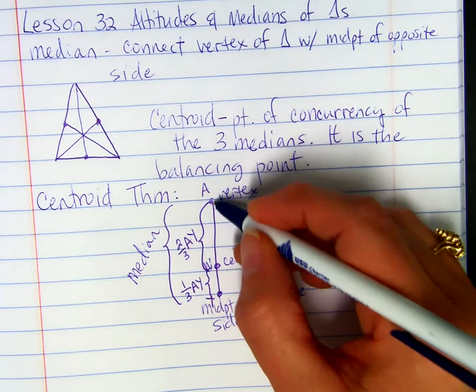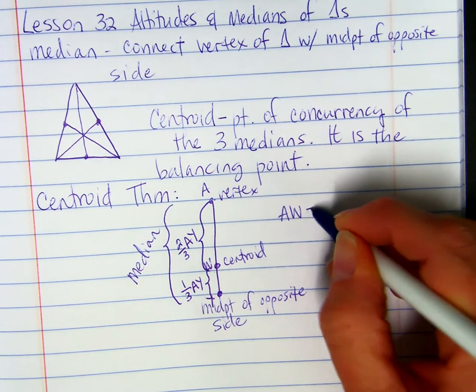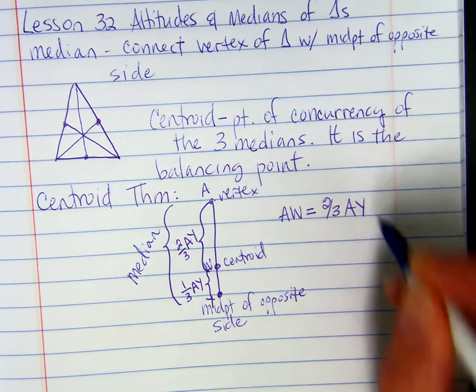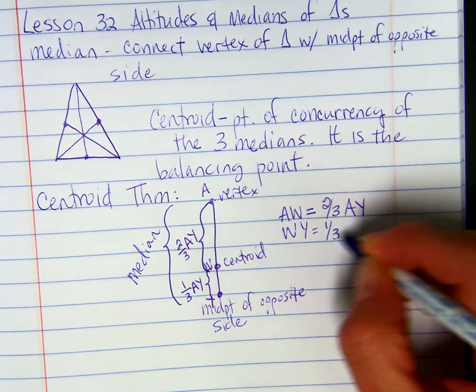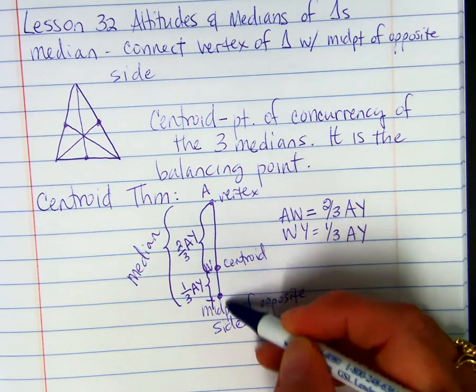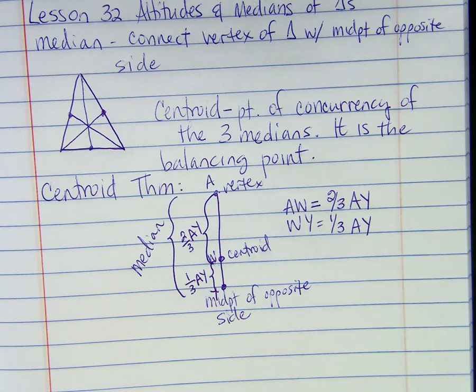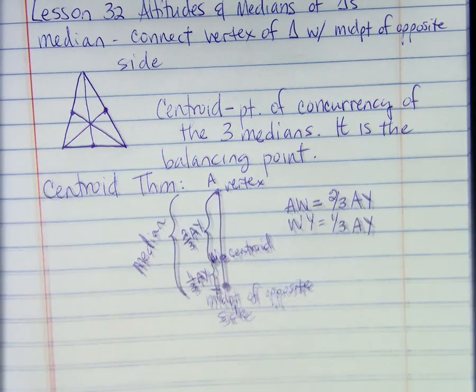So the theorem actually says from the vertex to the centroid, AW is going to be equal to 2/3 of the entire median. And then the smaller part from the centroid to the midpoint will be 1/3 of the median. And you'll have lots of math to do with that.